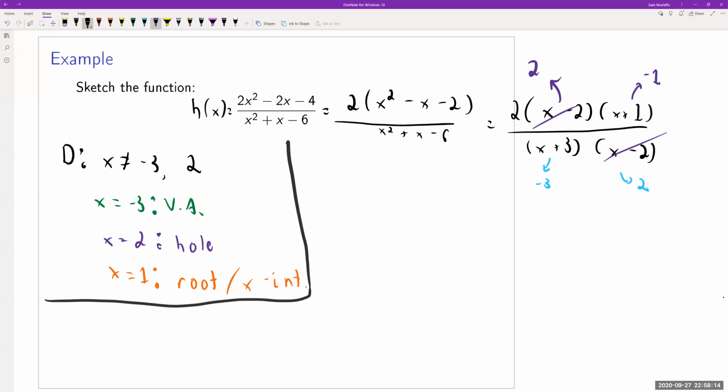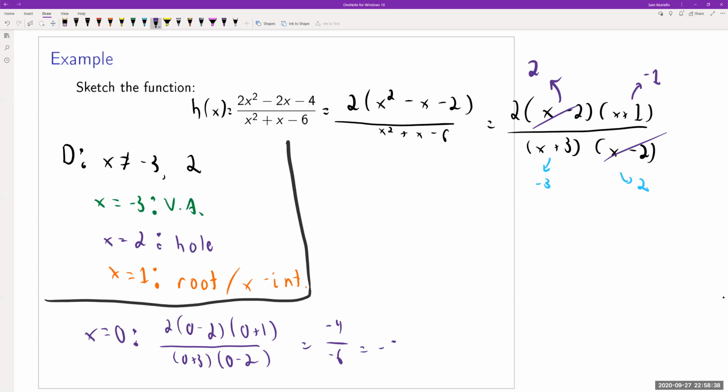Next, we should plug in y equals 0, or excuse me, x equals 0. Plugging in x equals 0, we obtain 0 minus 2, 0 plus 1 over 0 plus 3, 0 minus 2, which gives us negative 2 over negative 6, or 1/3. So that means the graph includes the point 0, 1/3.